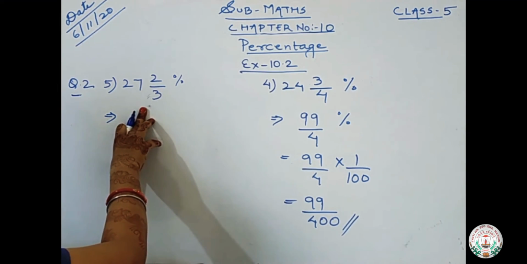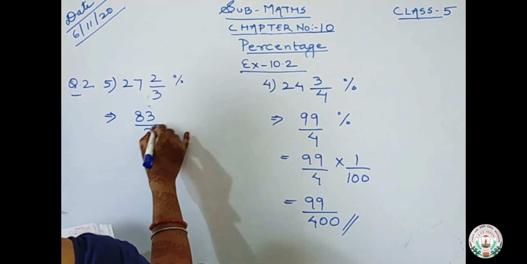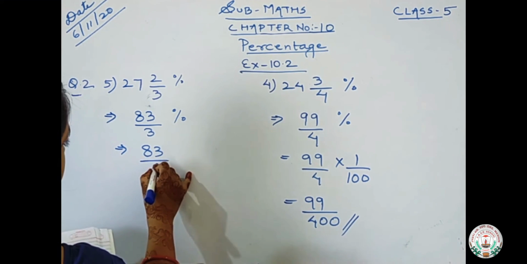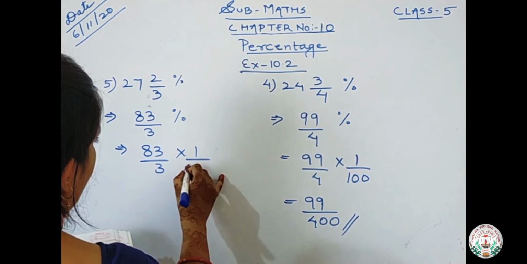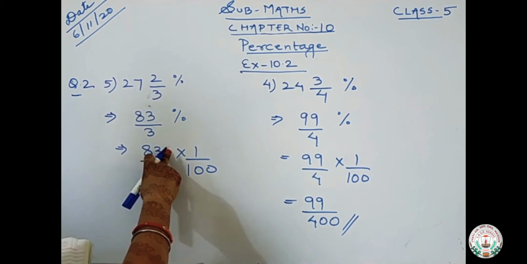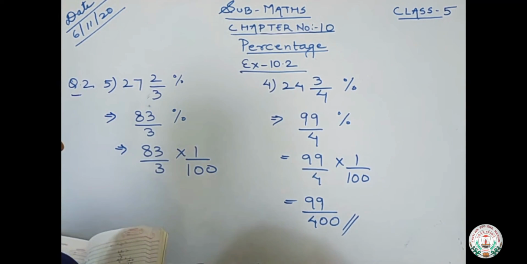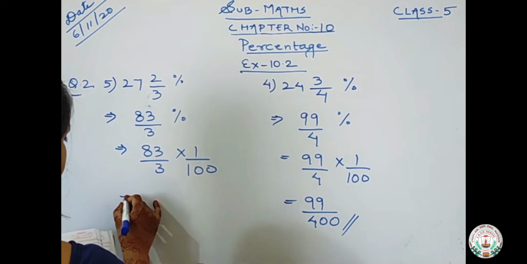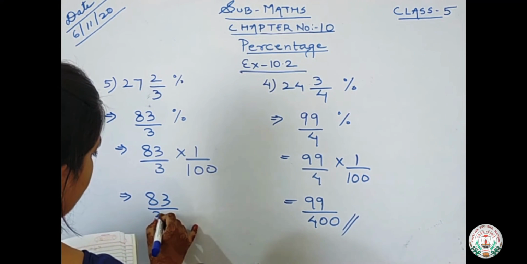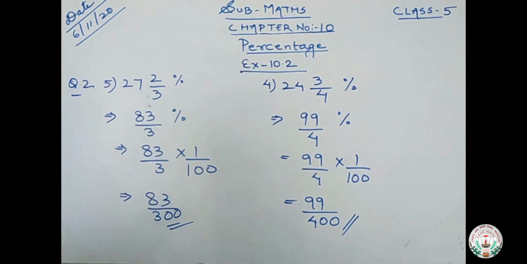So what will come here? 83 upon 3%. So 83 upon 3 into 1 by 100. This is the divisibility by 3. So can it be cancelled out? 8 plus 3 is 11. It can't be cancelled. So we will just multiply and write. 83 upon 300.